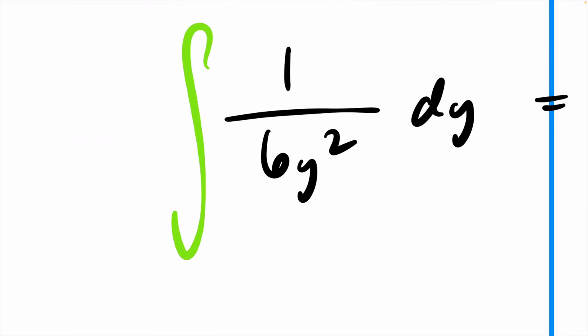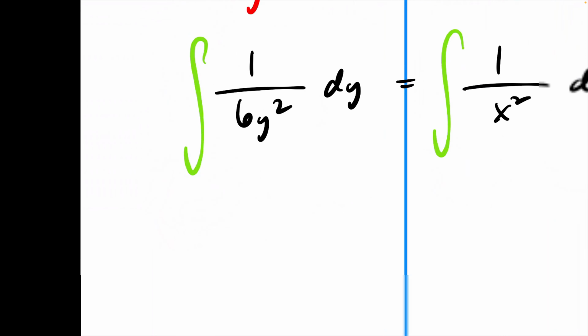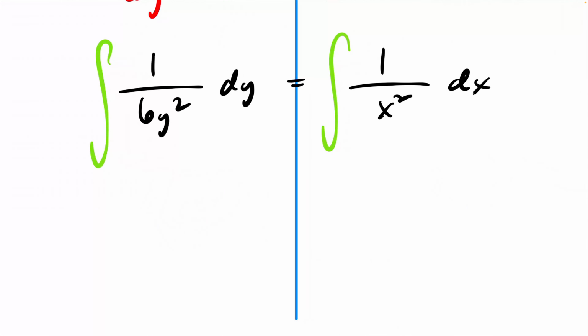There's a couple things I need to do before I use the power rule, but you're right, Isaac. I'm definitely going to use the power rule. Do you have to move the variable on top? Yeah, I have to move the variable to the top, right? So it's going to be 1 over 6 y to the negative 2.